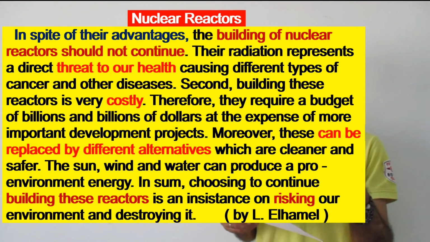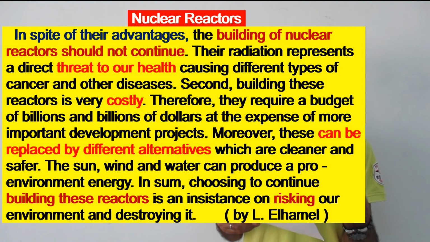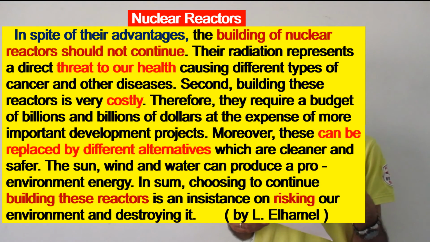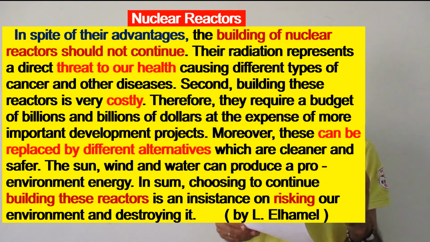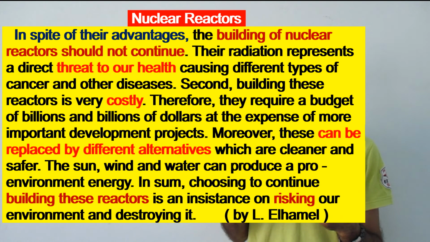So here also we have three arguments, three proofs to support the view of the writer that building nuclear reactors is very dangerous, clear, unlike or opposing the other claim. In conclusion, choosing to build these reactors is an insistence on risking our environment and destroying it.